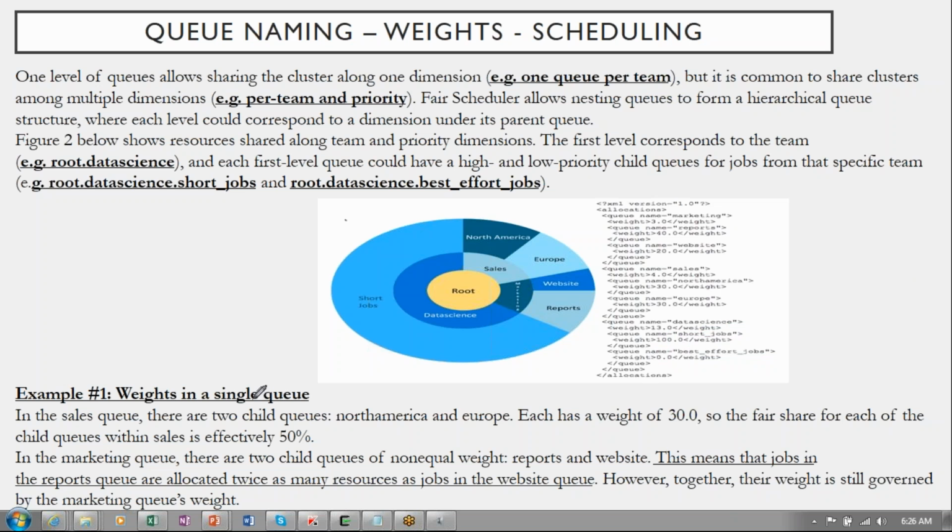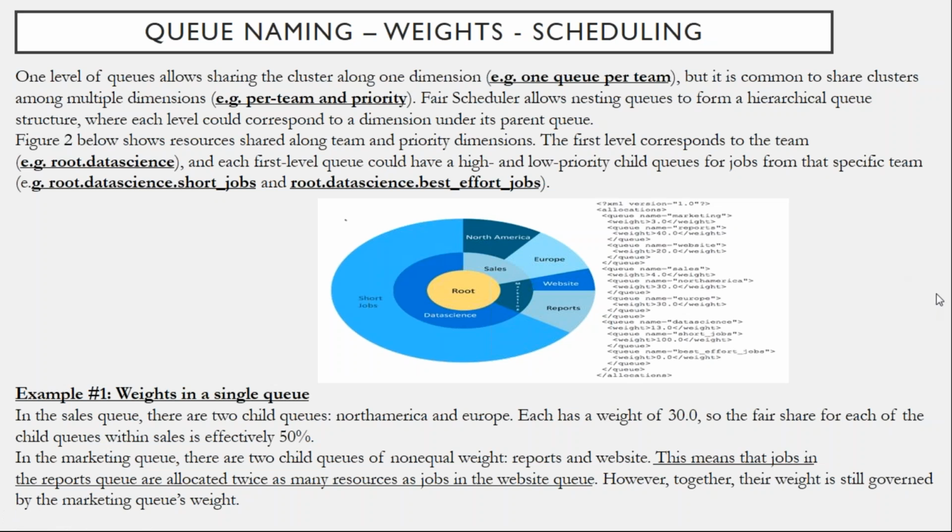Okay, example 1, we are talking about a single queue. Let's talk about the sales queue. Where is sales in here? This one. Now try to understand something. In sales you have two child queues, Europe and North America.